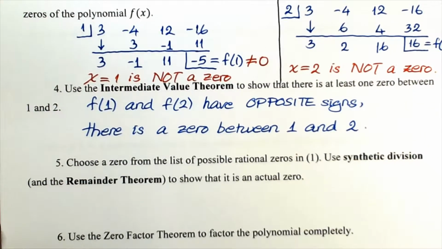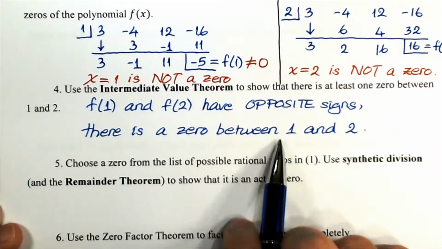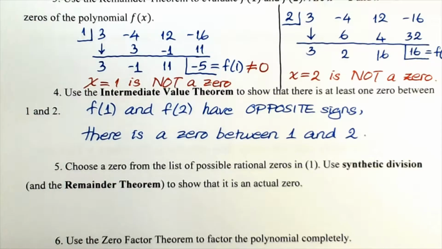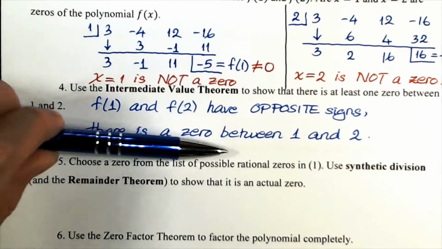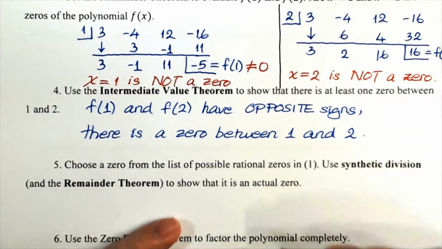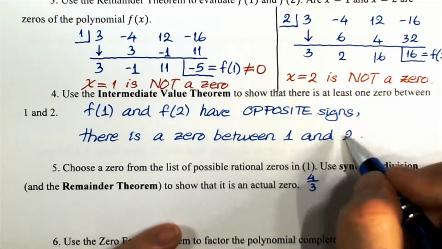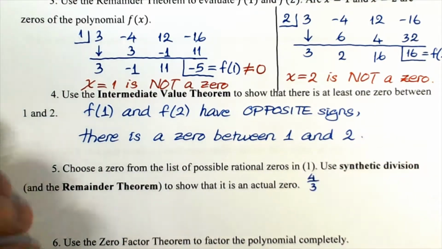But now we know that there's one between 1 and 2, so 4 over 3 may work, may not work, but we still need to check. So for the next part of the question, choose a 0 from the possible rational zeros, and we choose 4 over 3 because that is a logical choice. It is between 1 and 2.